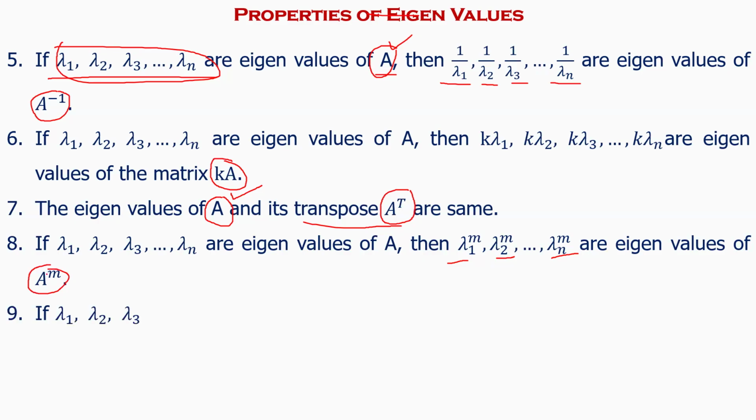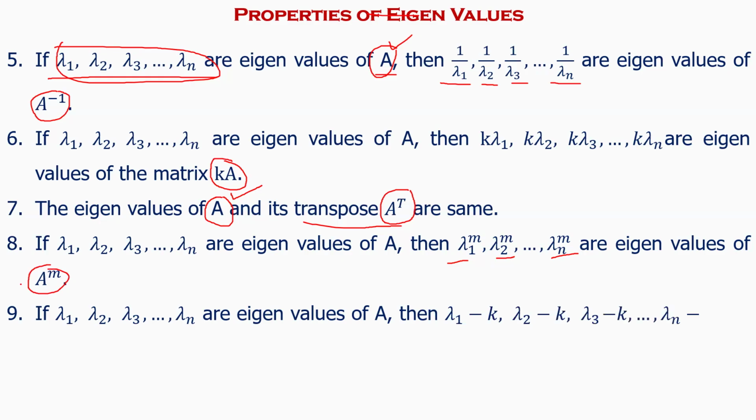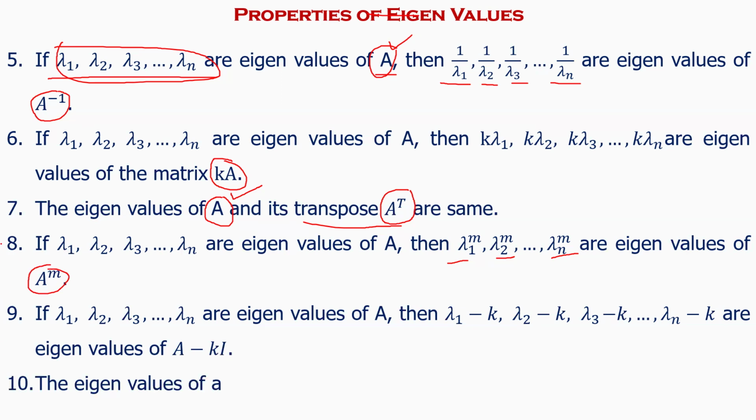Property number 9: if lambda 1, lambda 2, lambda 3 up to lambda n are eigenvalues of A, then lambda 1 minus k, lambda 2 minus k, lambda 3 minus k up to lambda n minus k are eigenvalues of A minus kI. Property number 10: the eigenvalues of a symmetric matrix are real.